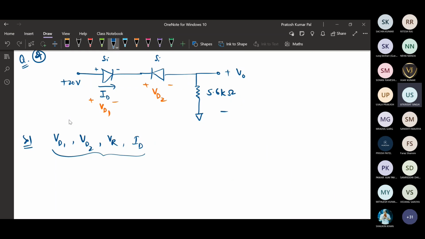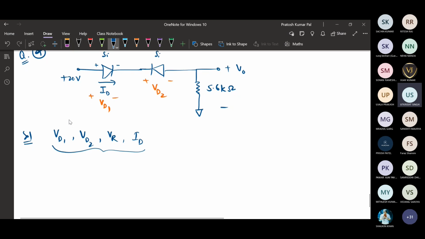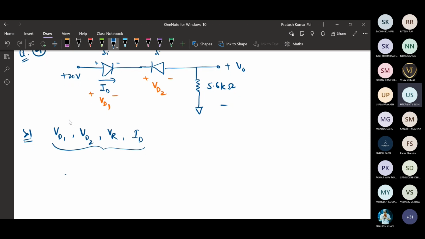But in the second case, this is the negative terminal of the diode, and this is the positive terminal, and this negative terminal is connected to a positive supply voltage. So this is in reverse bias. So the first one is forward bias, and the second one is in reverse bias.